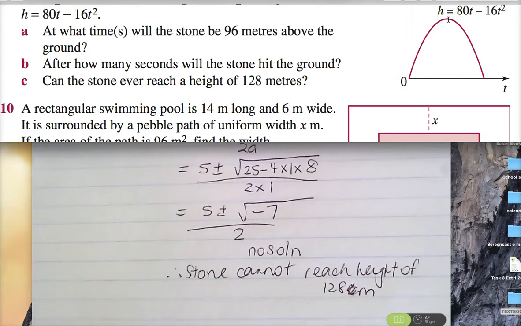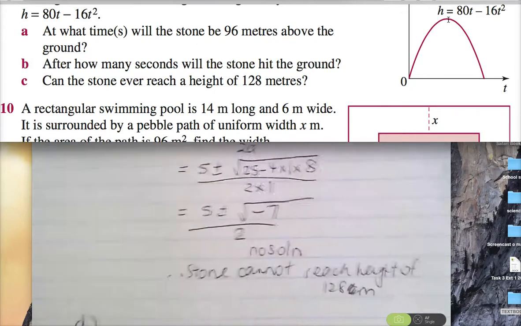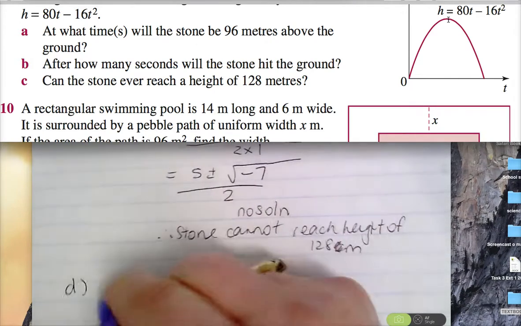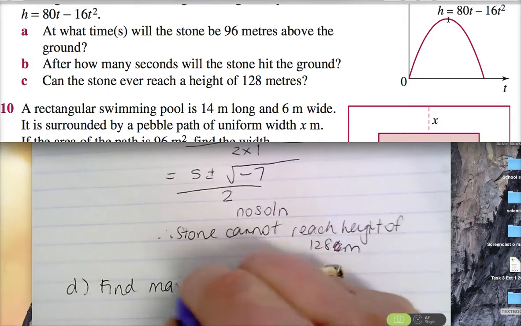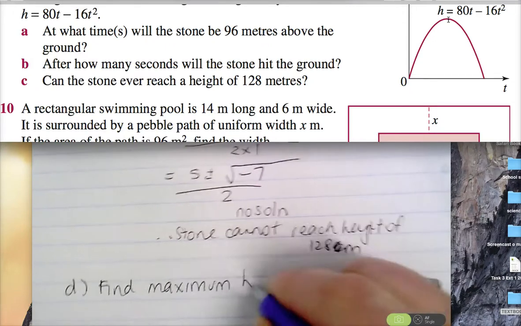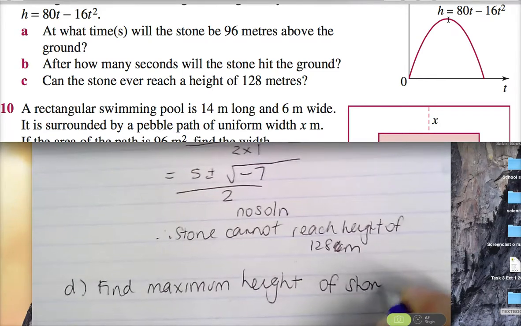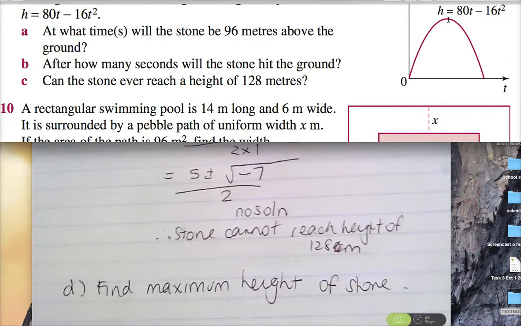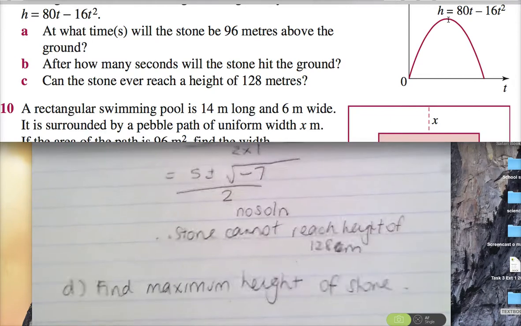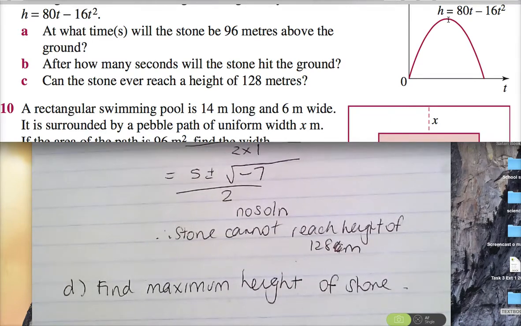So, girls, if we look at question C, and the ball can never reach a height of 128, if I say to you, part D, this is a new question, find the maximum height of the stone, do you think the answer is going to be less than or greater than 128?